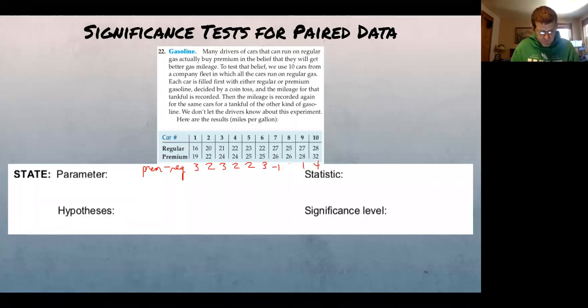There we go. That did not show up. There it is. So always doing premium minus regular. Now I can put that in as a list and run my one variable stats. I'm just going to put this right here. And I'm going to let you guys fill this in when you get that done.